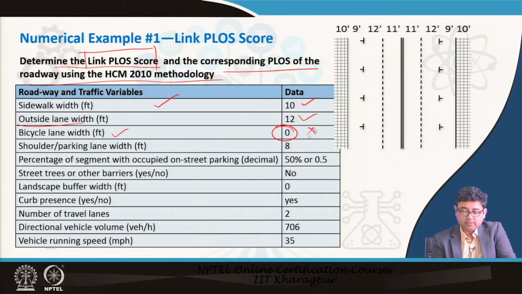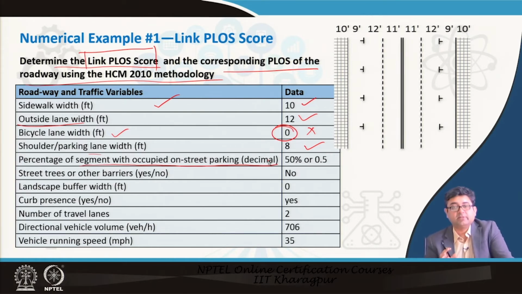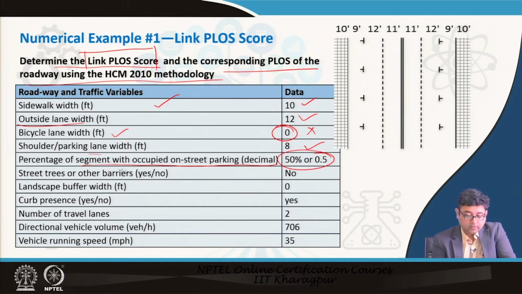In this case, there is no bicycle lane present. You have to know either the shoulder or the parking lane width, right. You have to know the percentage of segment with occupied on-street parking. If on-street parking is permitted alongside that facility, you have to know what percentage of that segment, 50% or 0.5 or whatever, you have to know the percentage.